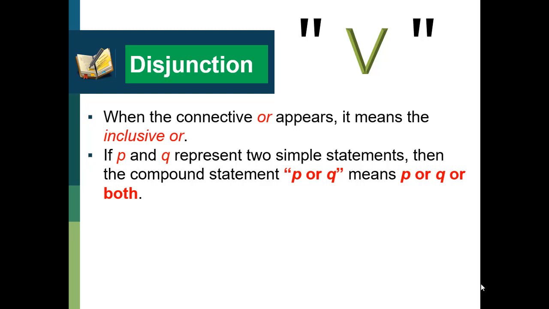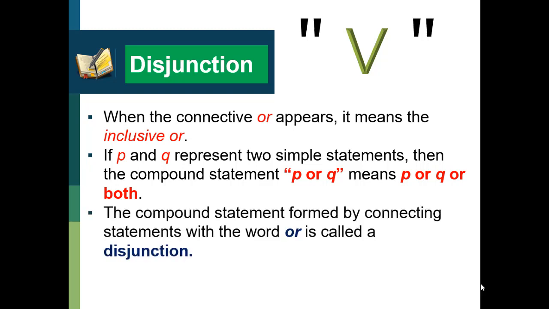How are we going to understand an inclusive or? If P and Q represent two simple statements, then the compound statement P or Q means P or Q or both. The compound statement formed by connecting statements with the word or is called a disjunction.